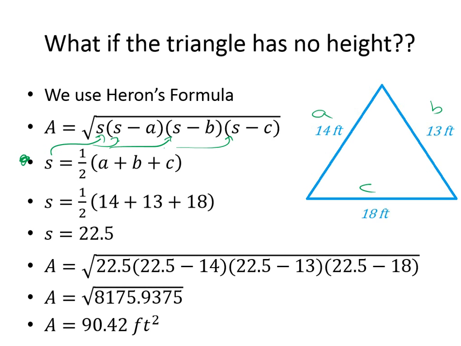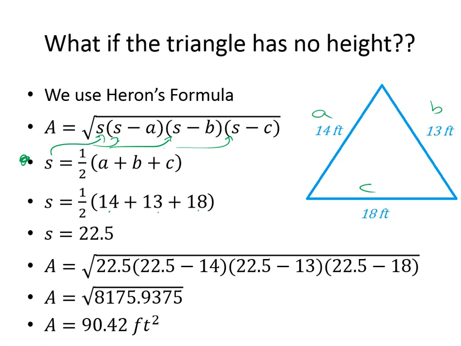Once you have that, you take that and you plug it in to the rest of the problem. So as you see here, we did 14 plus 13 plus 18 divided by 2 gets us 22.5. And now for our area, we're going to take the square root of 22.5 times 22.5 minus 14 times 22.5 minus 13 times 22.5 minus 18. So you subtract those and you multiply it all together, and then you get an answer of about 8,175.9375.